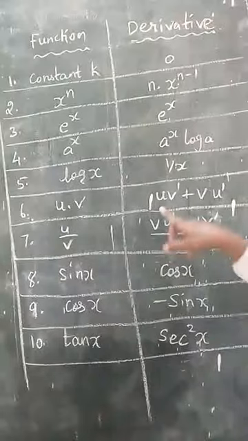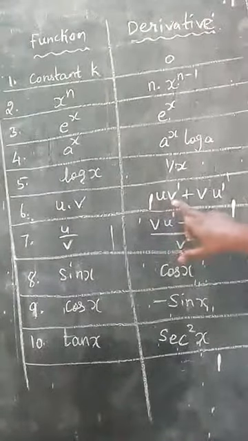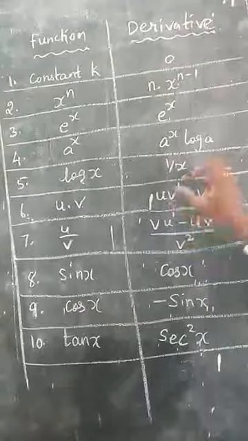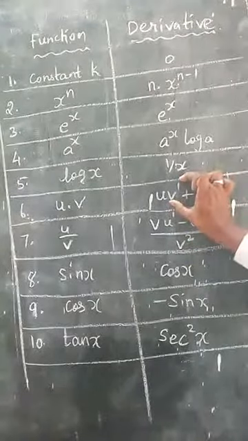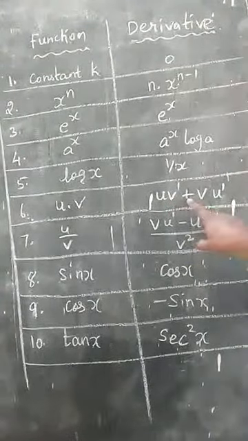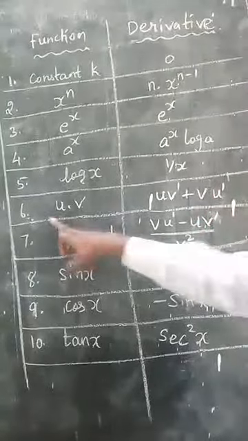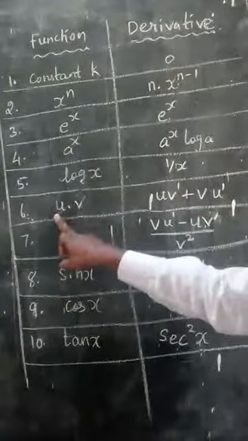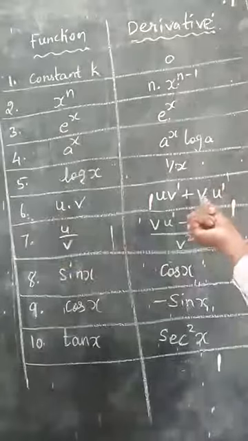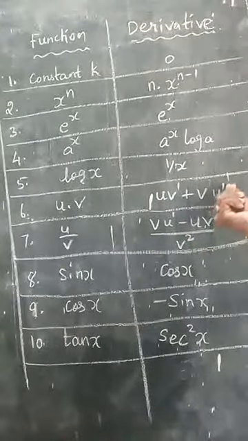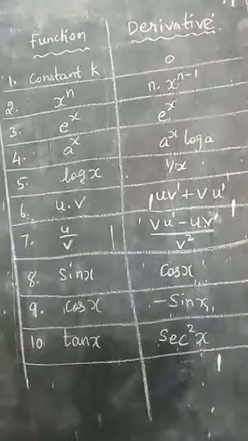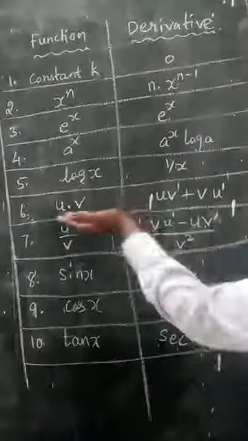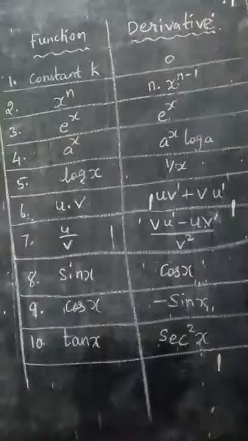You keep u as it is, differentiate v, that is why I have written v dash. What is the meaning of v dash? Differentiating v. Plus keep v now. u and v are two functions which are present in the product. So v into u dash. What is the meaning of u dash? Differentiating u. So this formula is called the product rule of differentiation.